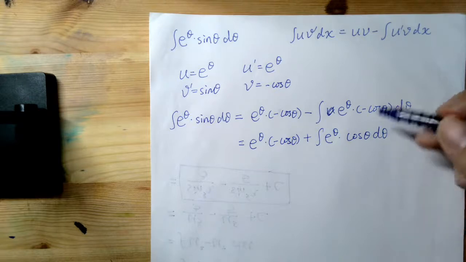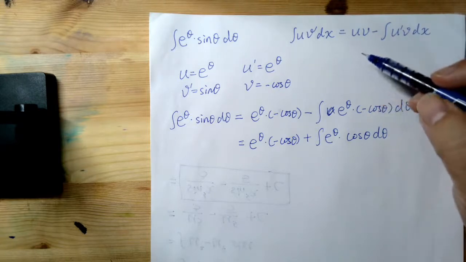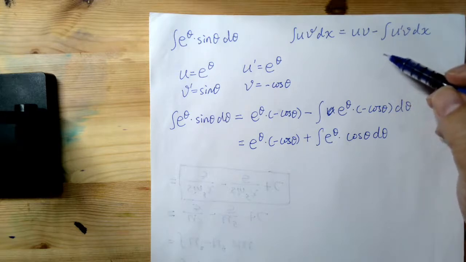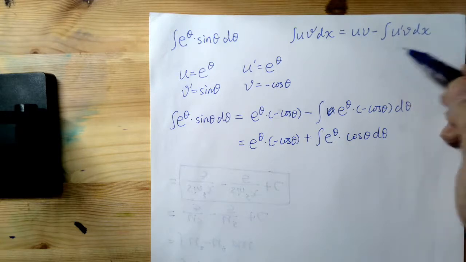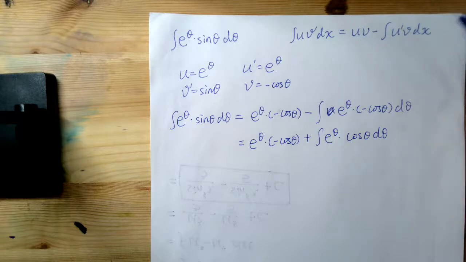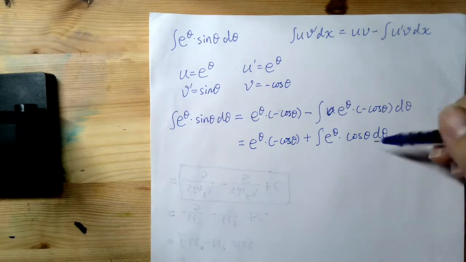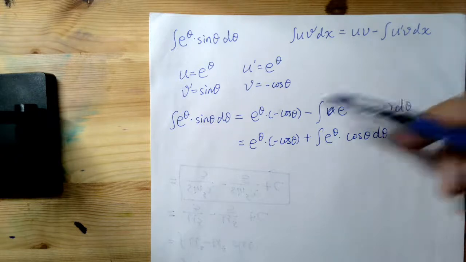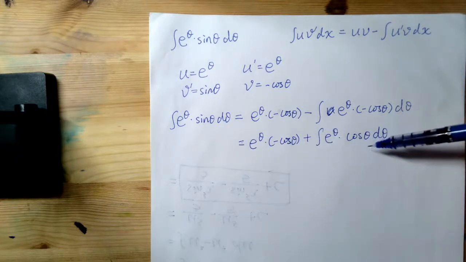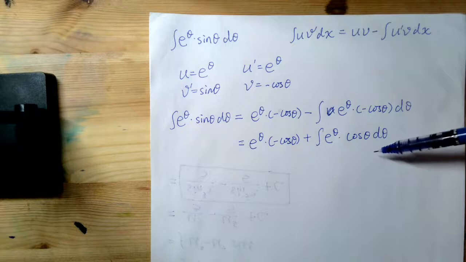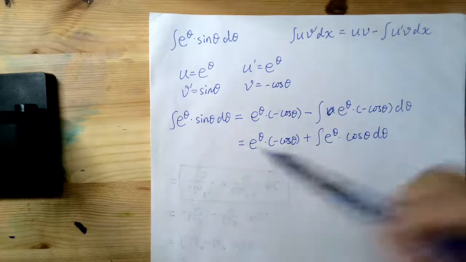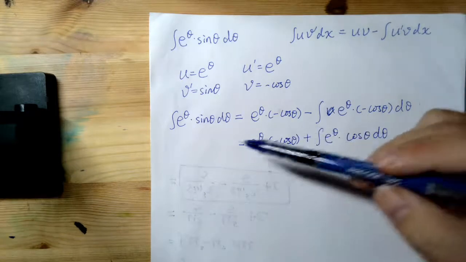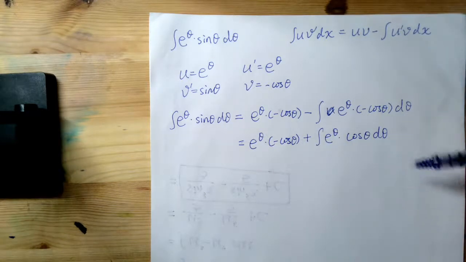Most of the time when we apply integration by parts, we are trying to derive a simpler integral on the right hand side so that we can solve the problem. But it turns out we did not simplify our problem. The integrals on the left and the right maintain the same status. We have e^θ, sin θ, cosine θ here, so it does not make my problem easier.